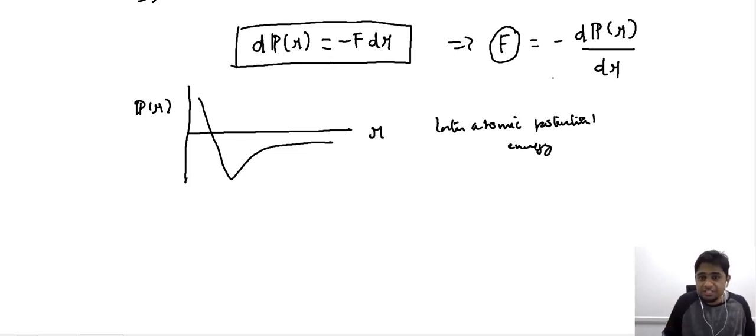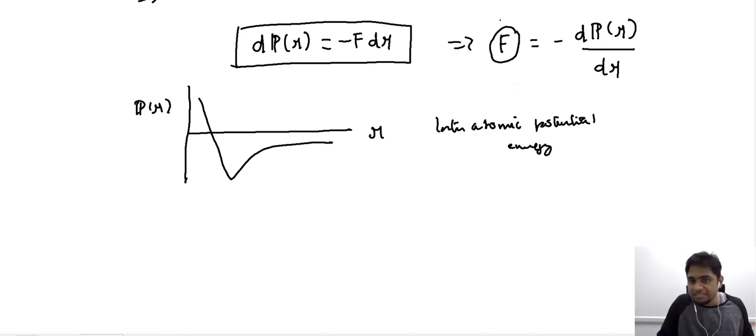Now this expression should help us arrive at a curve that represents the interatomic force as R changes. What this expression indicates is that how the slope varies with respect to R is nothing but the interatomic force.